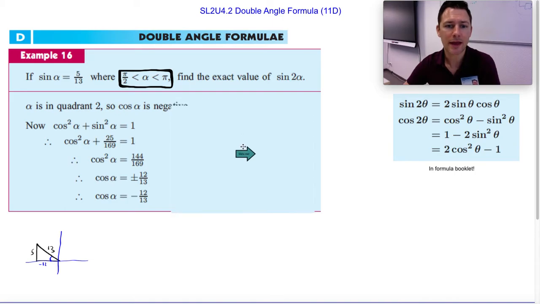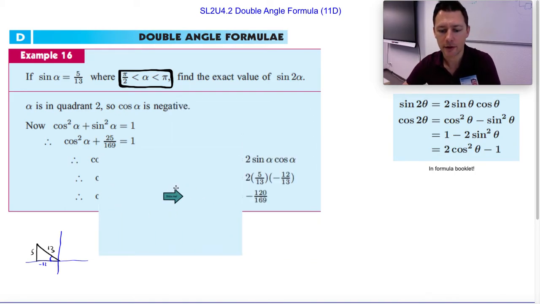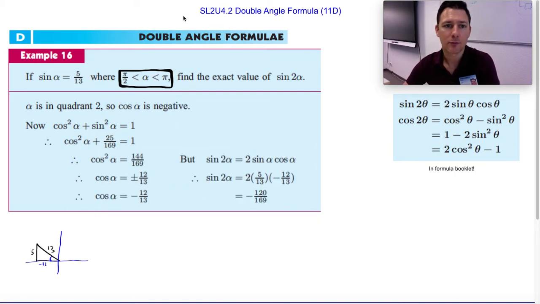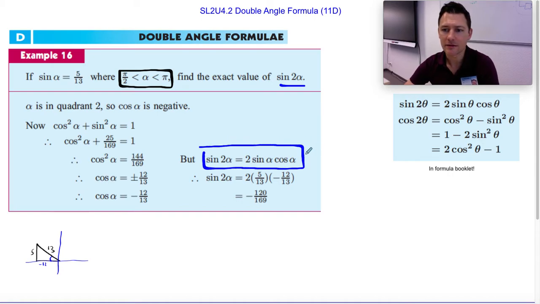We can take that and try to solve from there. They asked us for the sine of 2 alpha. We're going to use our identity to make this a little easier. We're going to use this identity and say, instead of calling it sine of 2 alpha, I'm going to call it 2 times sine of alpha times cosine of alpha.